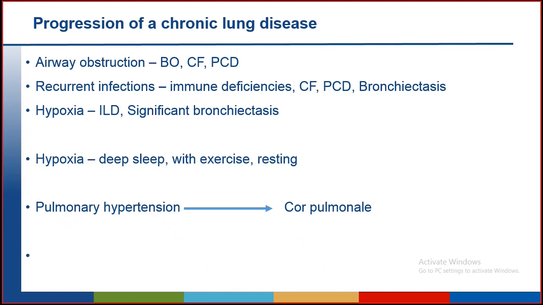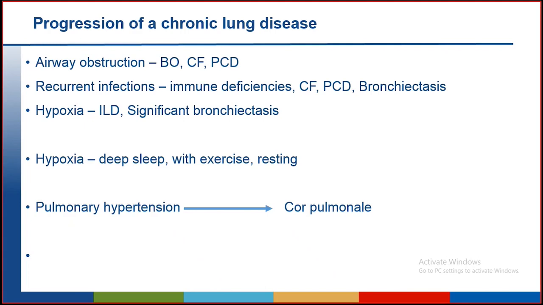The problem is initially this hypoxia is subclinical. The child might not show any evidence of hypoxia. The first manifestation of hypoxia usually develops during deep sleep. All of us, as you know, the respiration gets depressed during deep sleep. The muscle activity or the ventilation drive gets depressed.